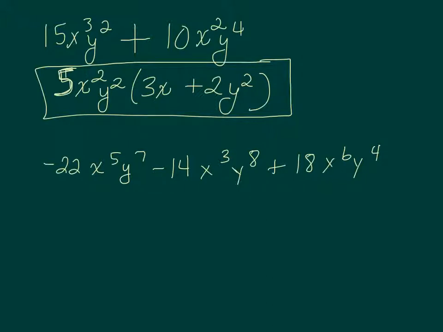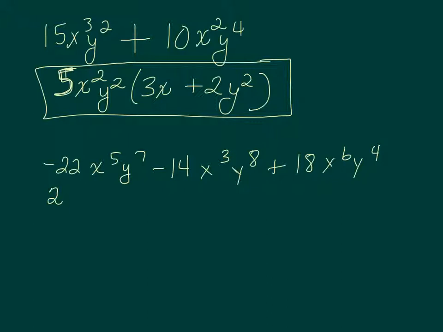Alright, let's look at this one. If I'm looking at negative 22, negative 14, and 18, what number do all of those numbers have in common? Well, unfortunately, I wish it were a bigger number, but it's not. I think it's just 2, right? So each of these is divisible by 2.